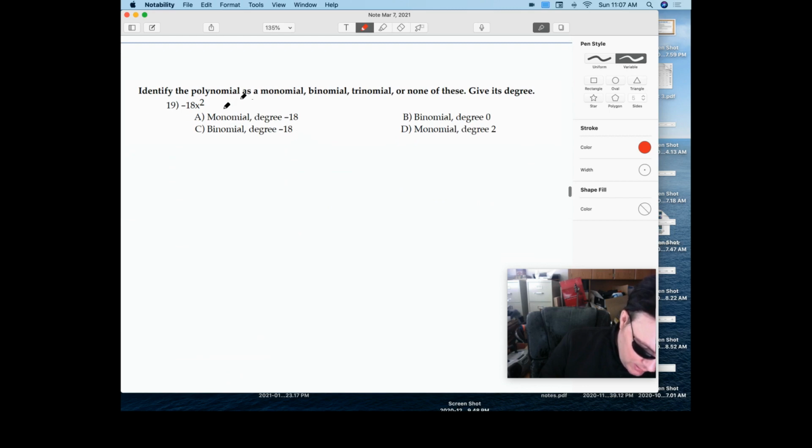Okay. Number 19, it says identify the polynomial as a monomial, binomial, trinomial. So mono means 1, bi means 2, tri means 3. And if it's not 1, 2, or 3, then it's none. And degree is the highest exponent value. We can see here we only have one term, so it's mono.